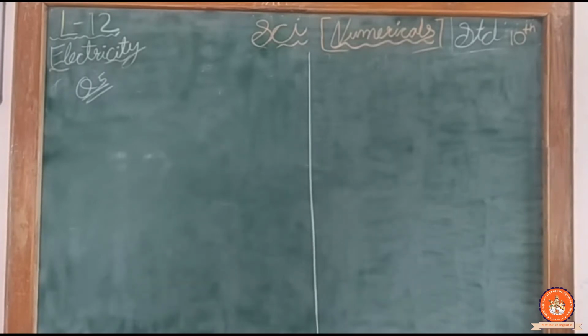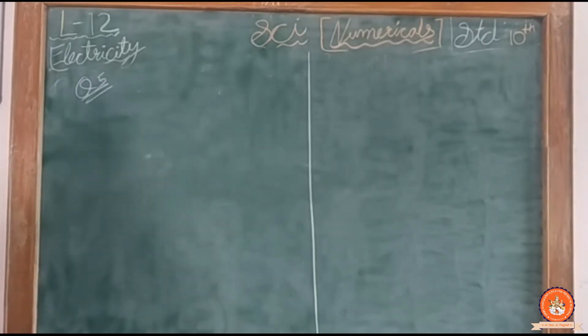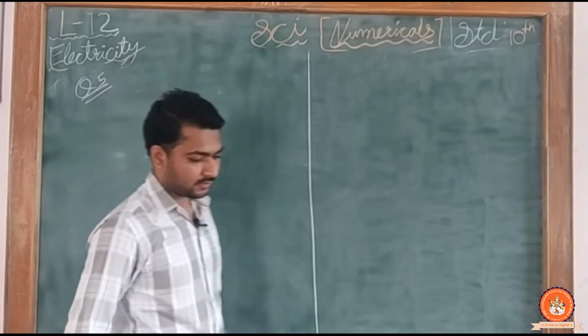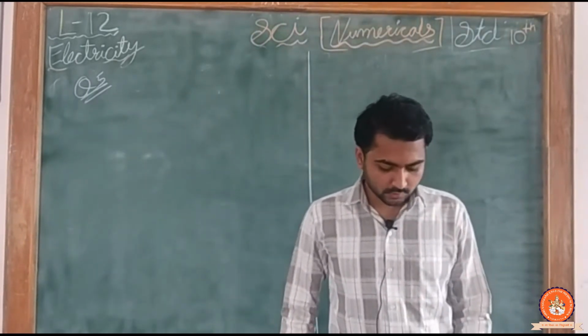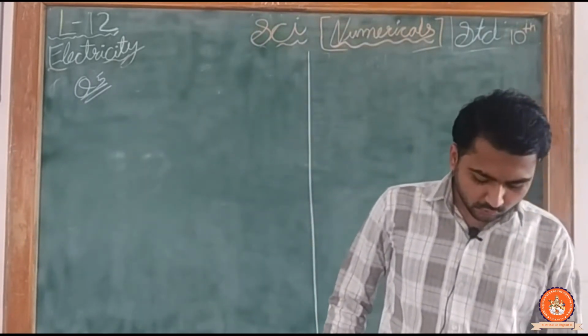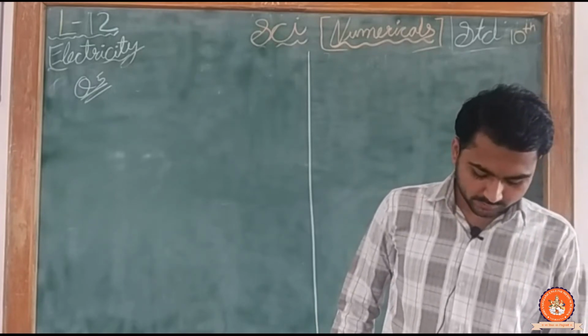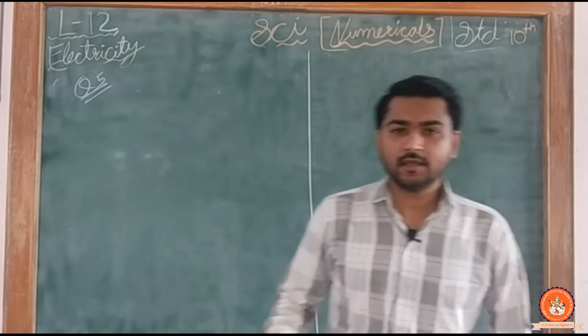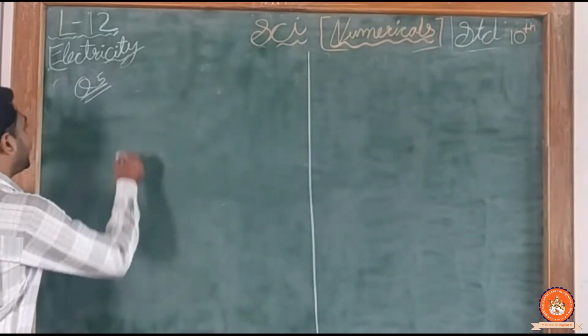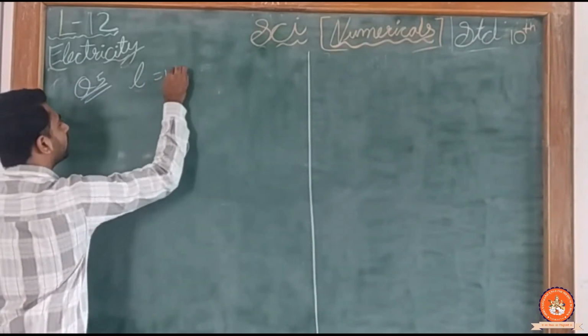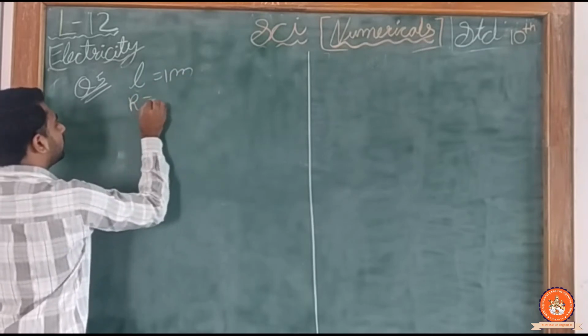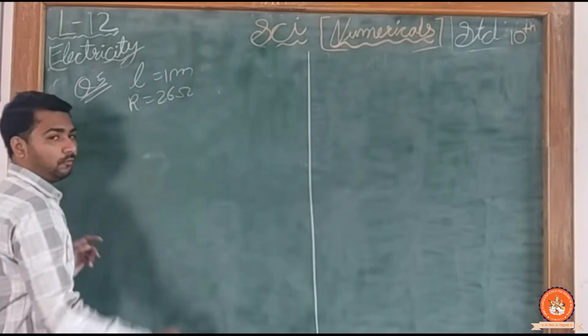Now students, coming to question number 5, which is a question from your book. They ask that the resistance of a metal wire of length 1 meter is 26 ohm. They give us length is equal to 1 meter and resistance 26 ohm.